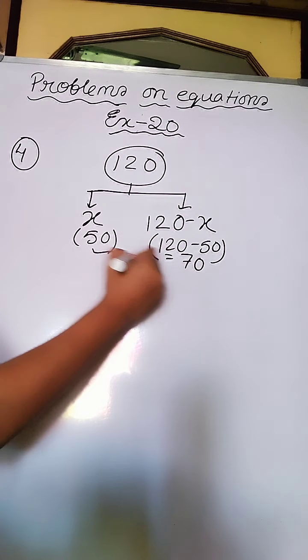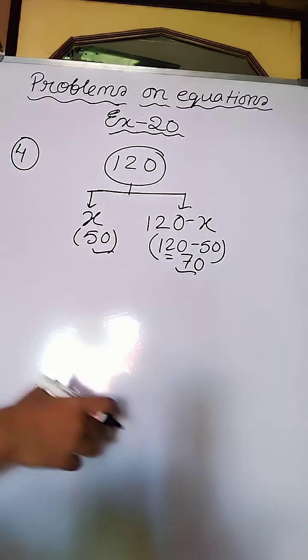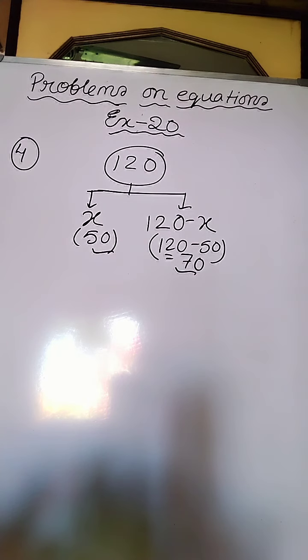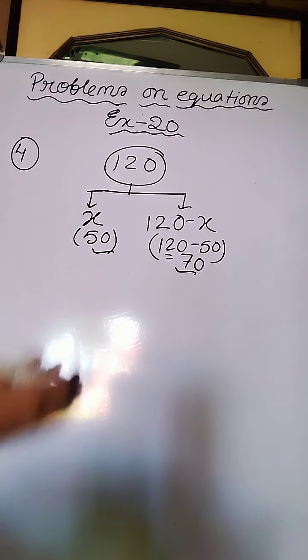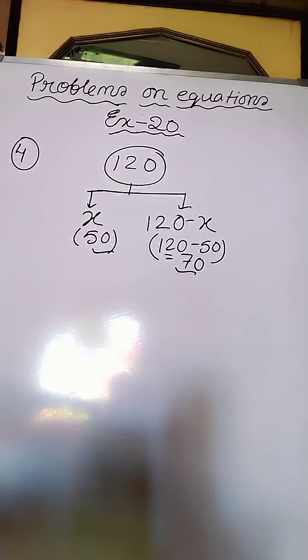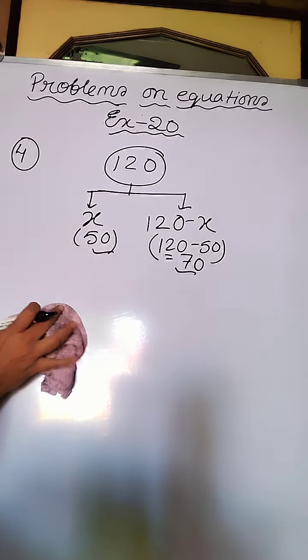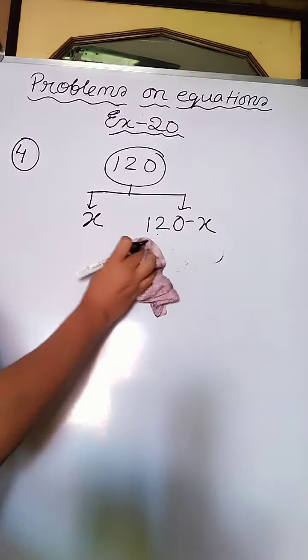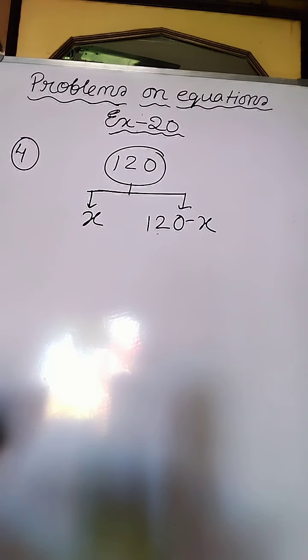Why? Because 50 and 70 both make 120. So we cannot assume numbers, we have to assume an algebraic expression. So we consider one number as x, then the other number must be 120 minus x.